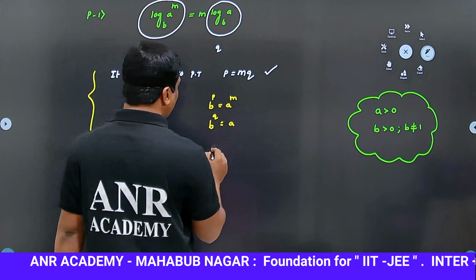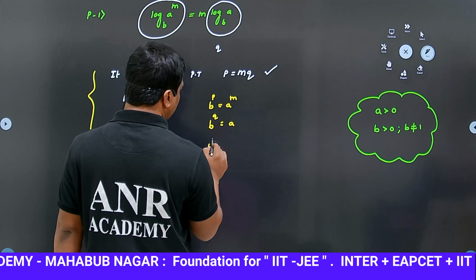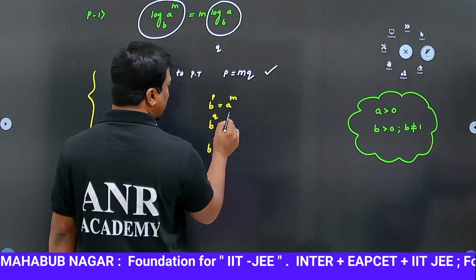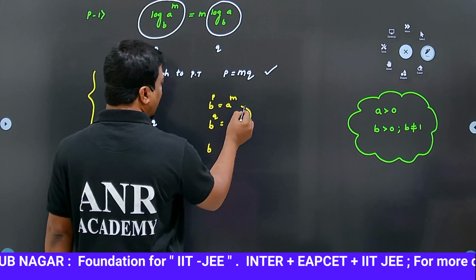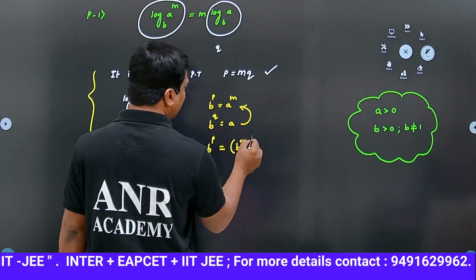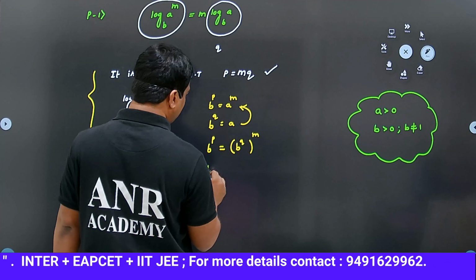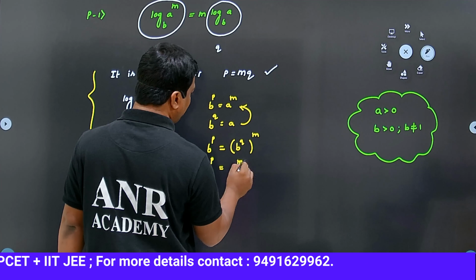And from these two, if I substitute the value of a here, b power p becomes base value a, that can be written as b power q, and then you have here exponent m. So b power p gives the result b power m into q.